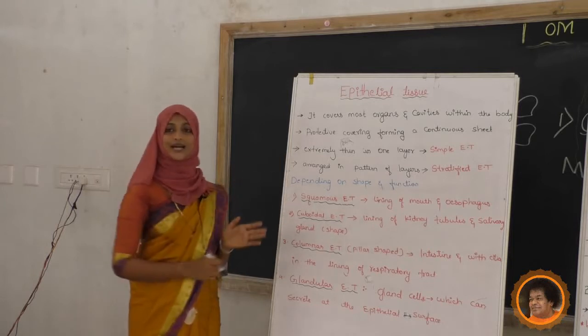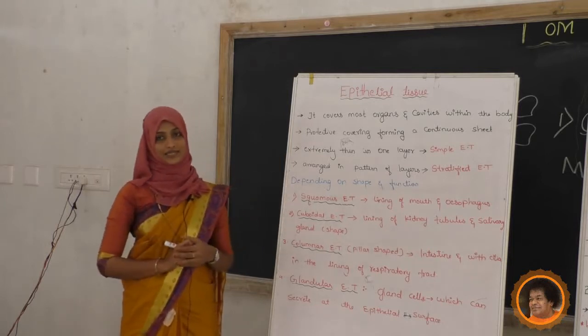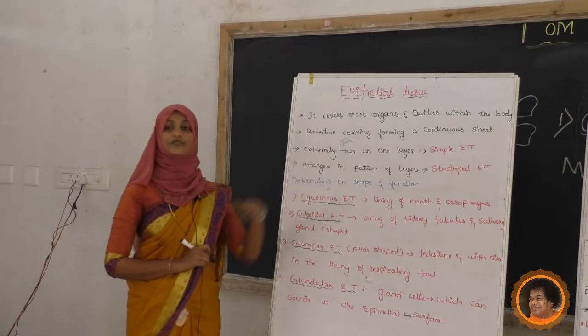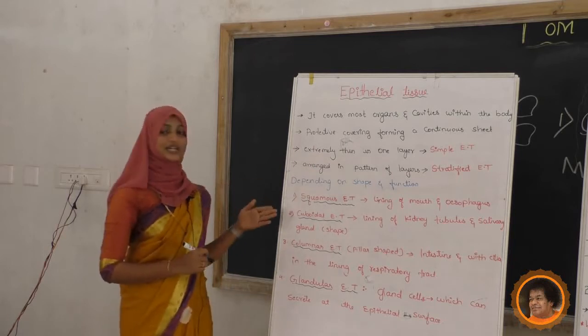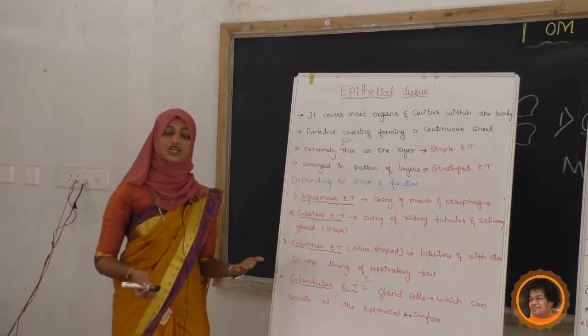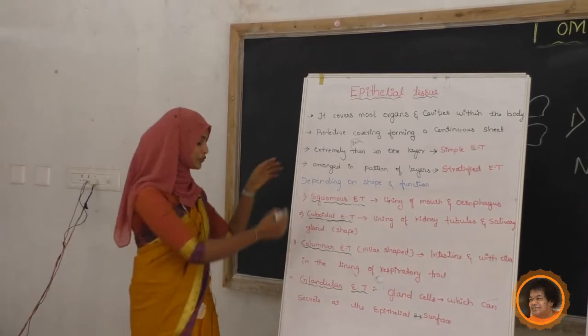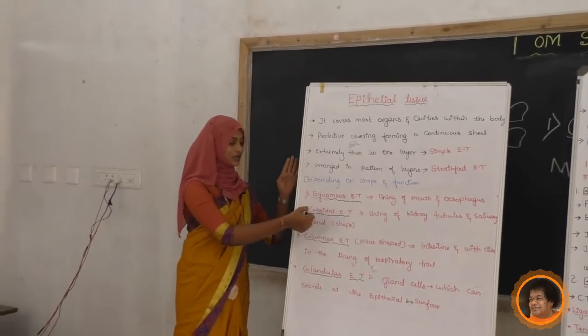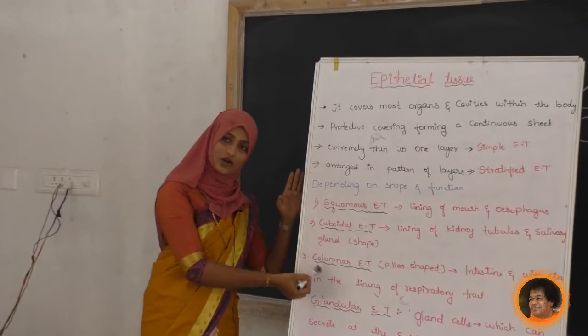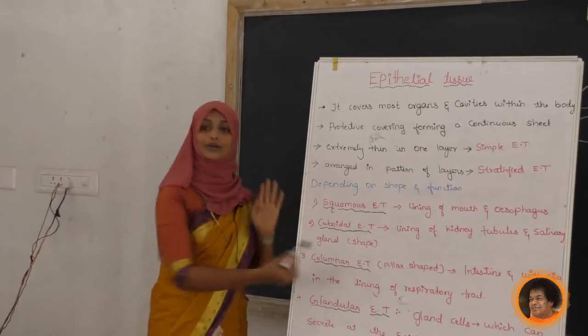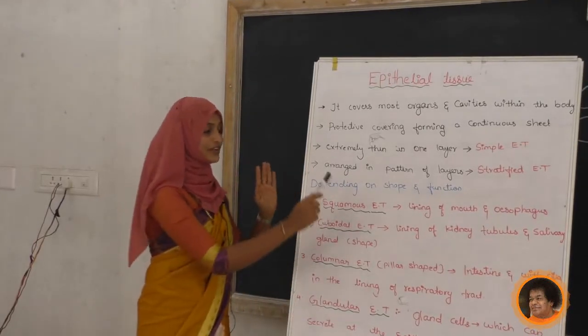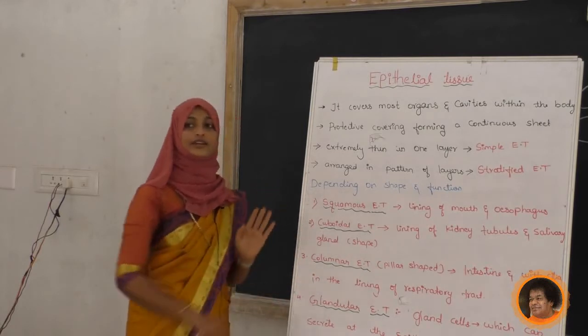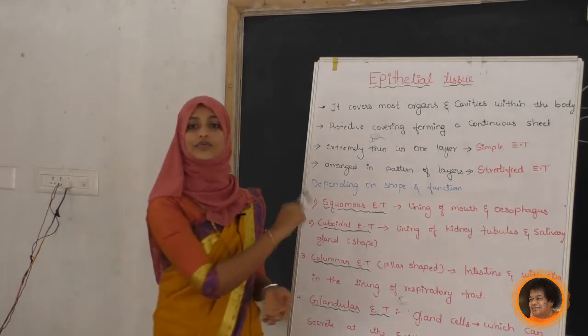There are two types, simple epithelium and stratified epithelium. Depending upon shape and function, it is further classified into four types: squamous, cuboidal, columnar and glandular epithelium. We have studied where each is found.